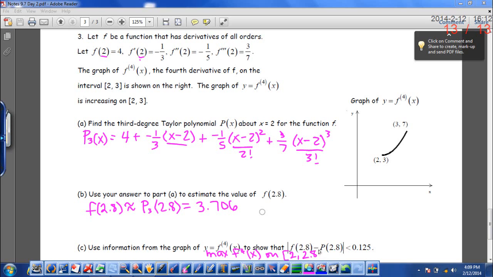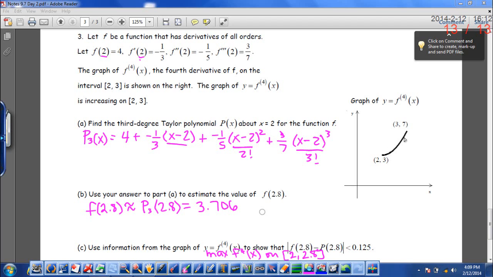Well, how convenient that they gave us a graph of the fourth derivative between 2 and 3. All right, now here's the catch. We're really interested between 2 and 2.8. But because the fourth derivative is increasing, our maximum is going to occur at x equals 2.8.